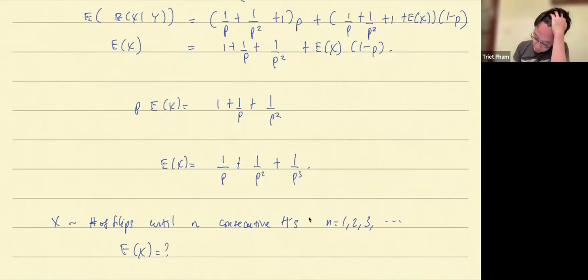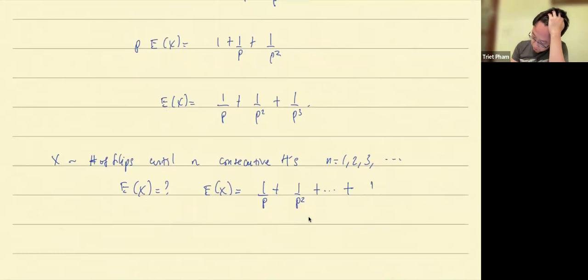The answer is 1 over p plus 1 over p squared, and so on. When do we stop? 1 over p to the n.